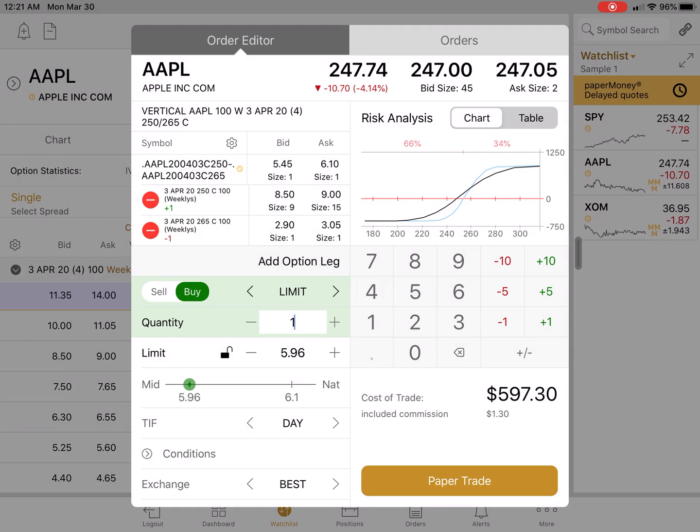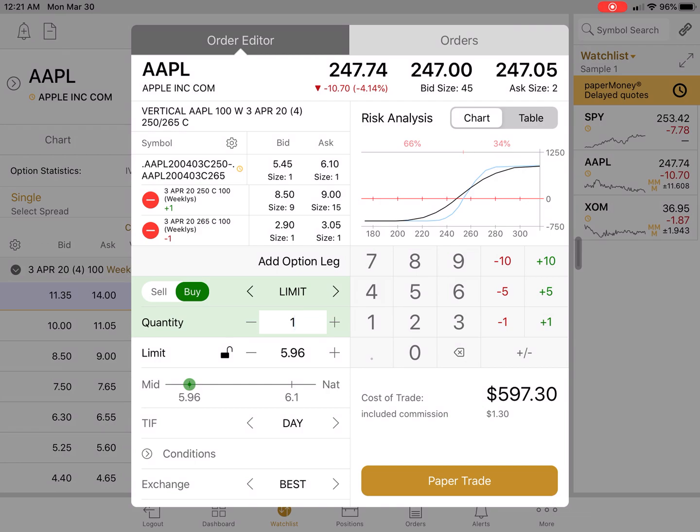If we were to buy the 250 by itself, it would have cost us $900, but because we're writing one at 265, it's now costing us lower than $900. It's costing us $597.